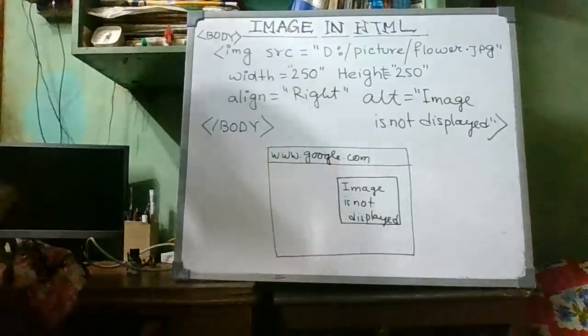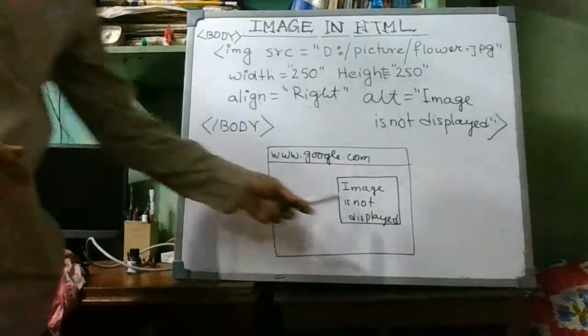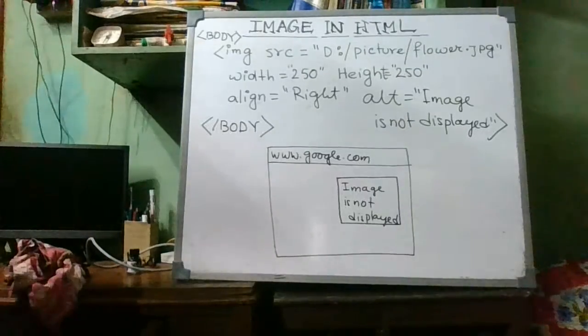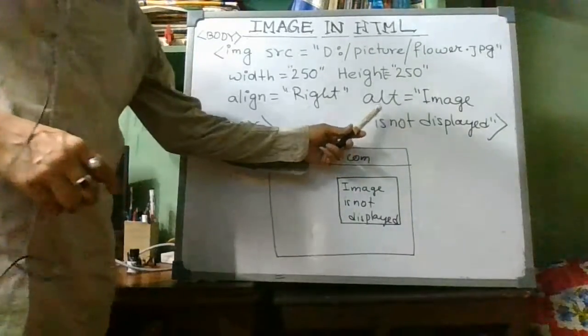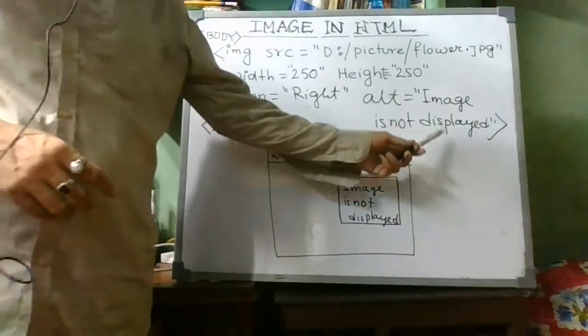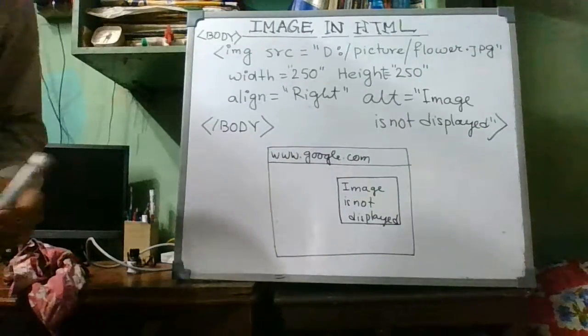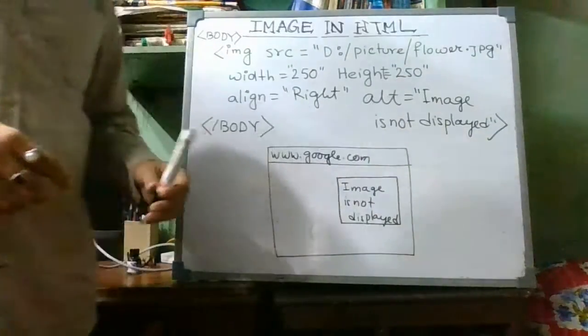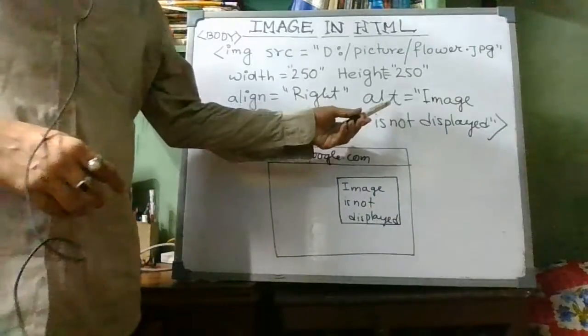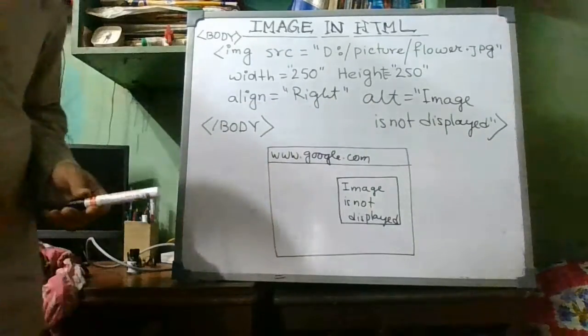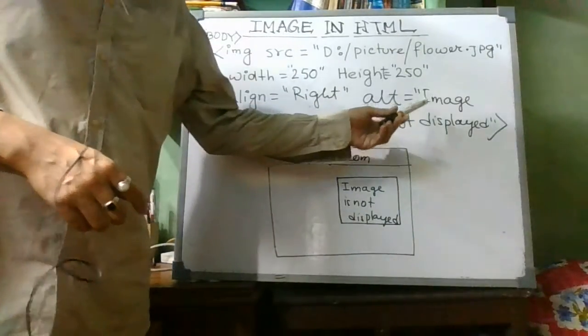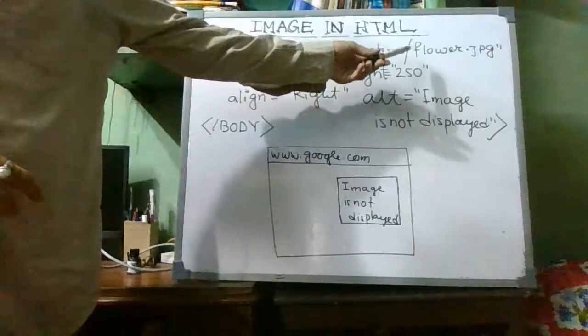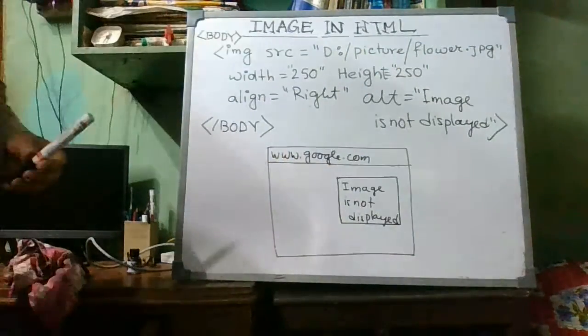Image is not displayed. Why is it displaying here? Because in the alt attribute you have mentioned this sentence, this text. So alt is an attribute which displays its text if the picture is not present.